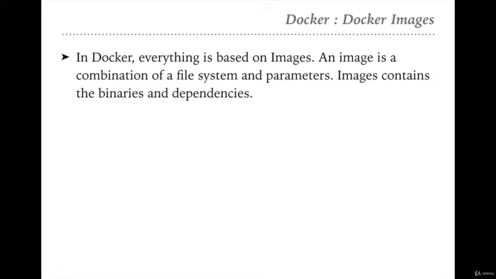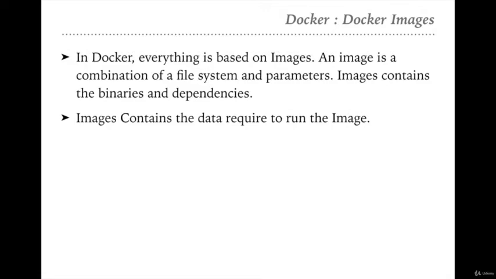Your image will contain the binaries you are using inside your application, and it will also include the dependencies of your application. After that it will accept some runtime parameters so that you can execute your image.